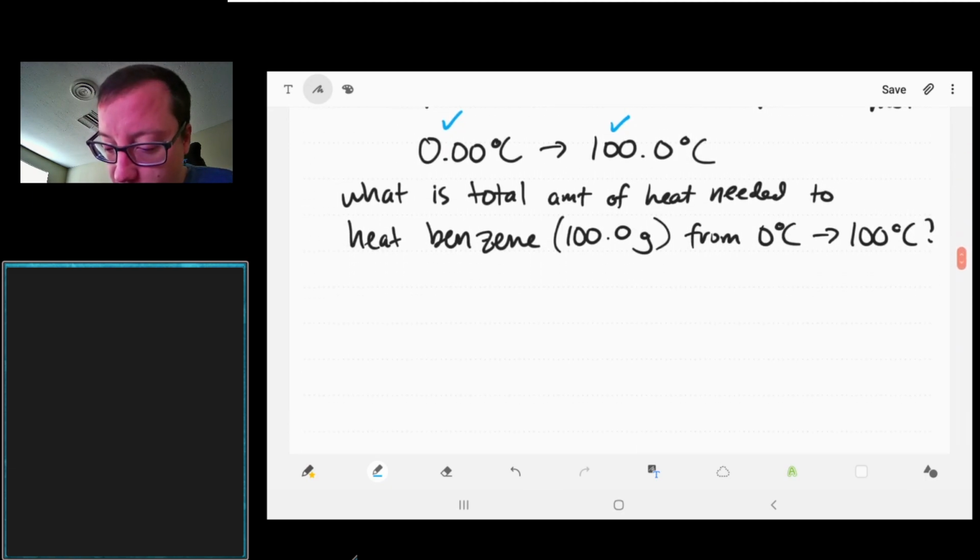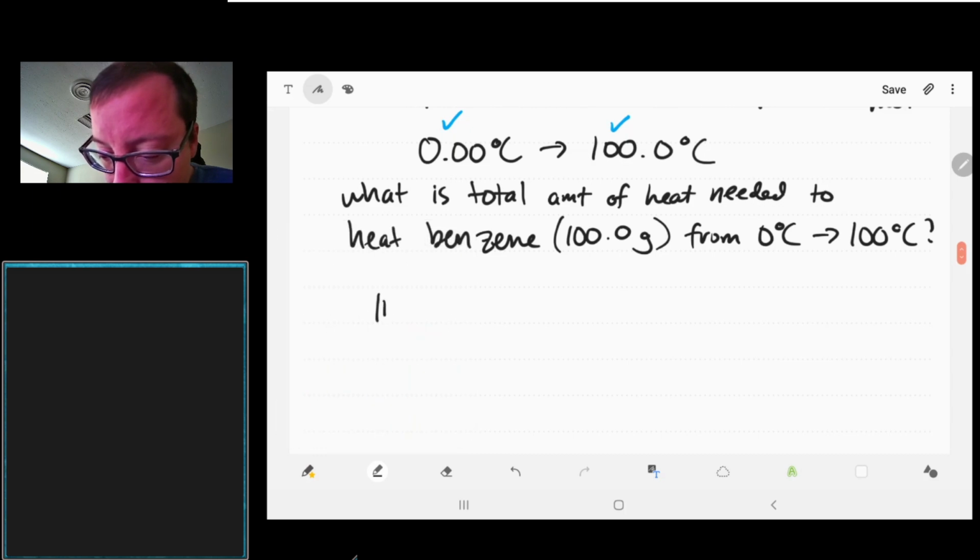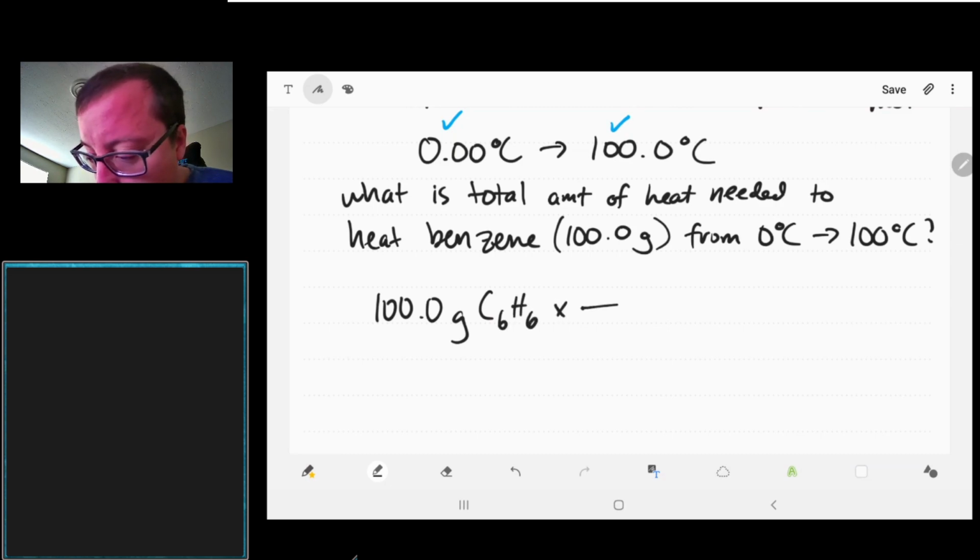So we have 100 grams, with 4 sig figs, it looks like. Let's go ahead and look up our molar mass because we are lazy and don't want to calculate 6 times 12 plus 6. It looks like this is going to be 78.114 grams for 1 mole.